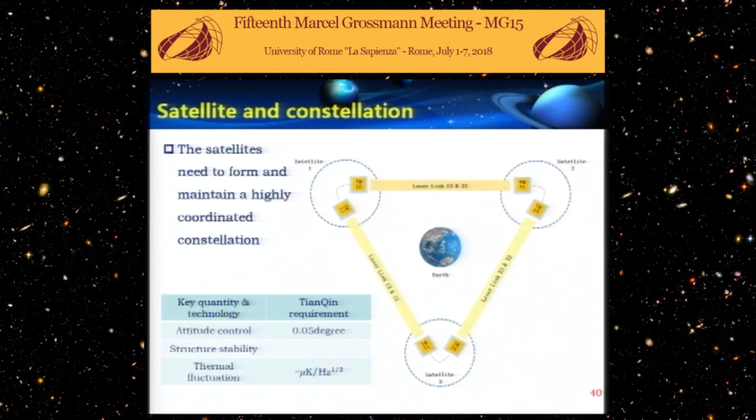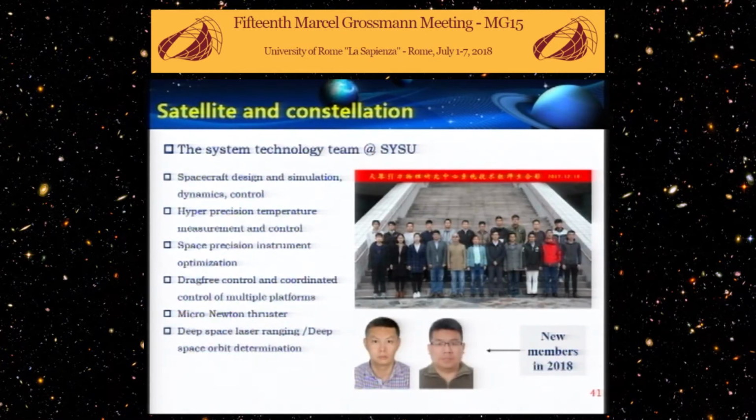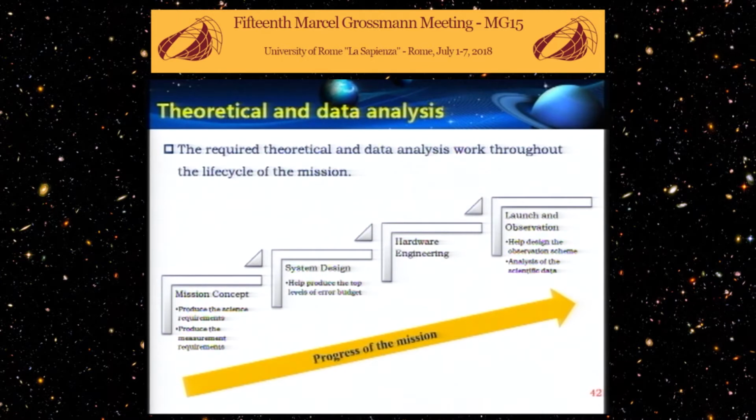And we are also trying to move toward the satellites, with consideration of that. This is what we have discussed in our paper. We also have some people working on these satellites, this is their group. And we also need theoretical research and data analysis.